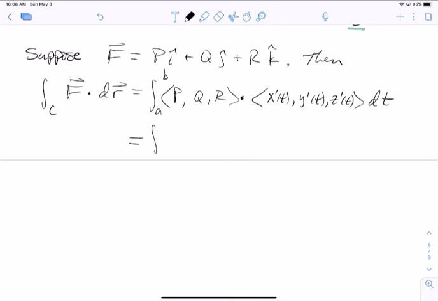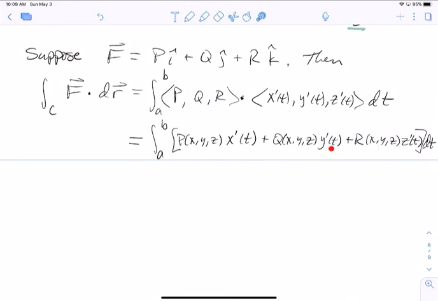Simplifying gives us the integral from a to b of P of x, y, z times x prime of t plus Q of x, y, z times y prime of t plus R of x, y, z times z prime of t dt, which can then be expressed as the line integral over C of P dx plus Q dy plus R dz.